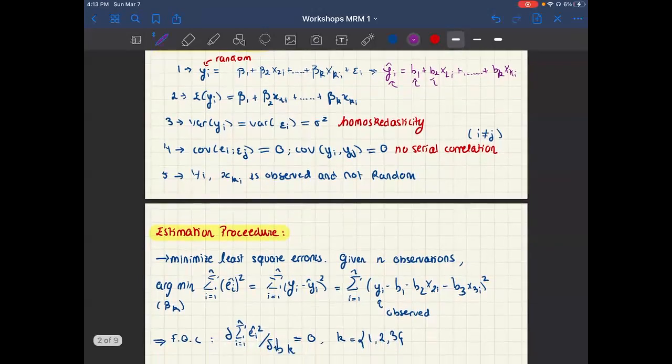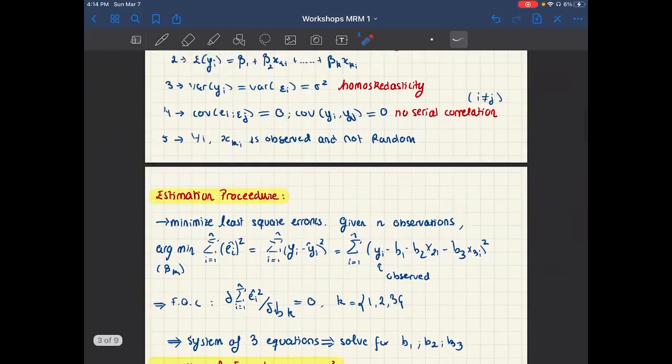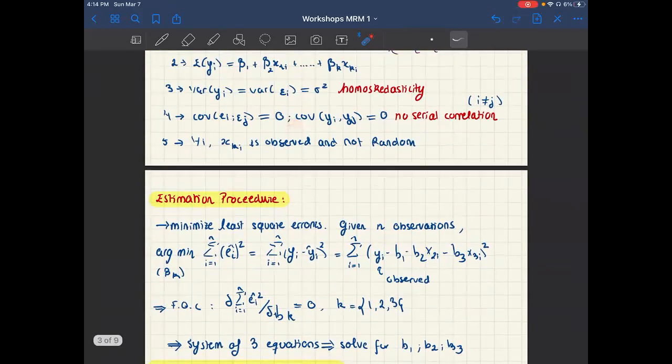The expected value of y_i is equal to this term, simply because the expected value of the error is equal to 0, and all of this is a constant. The variance is equal to sigma squared, as I said before. We said before that the covariance between the error terms across different observations is equal to 0, which in turn implies that the covariance between the dependent variables is 0 across all different observations.